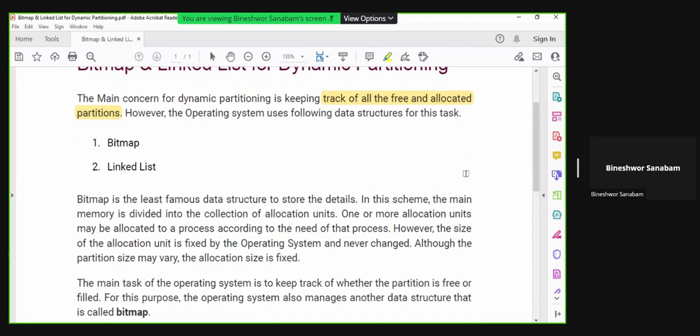When we use this bitmap data structure, we store all the information about our free and allocated partitions. This bitmap is another data structure connected with the memory, where it stores which partition is free and which partition is allocated.